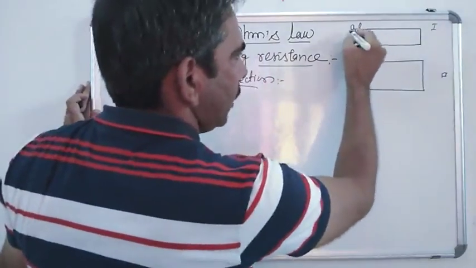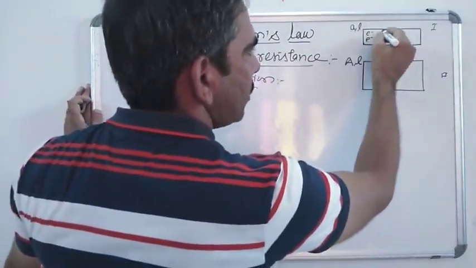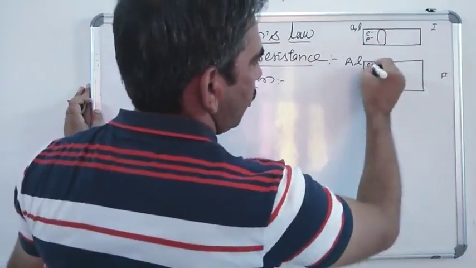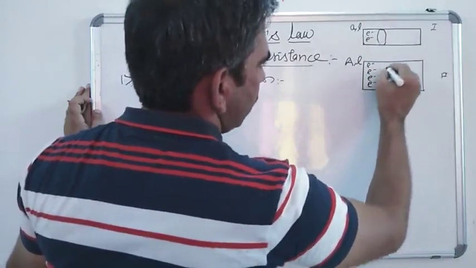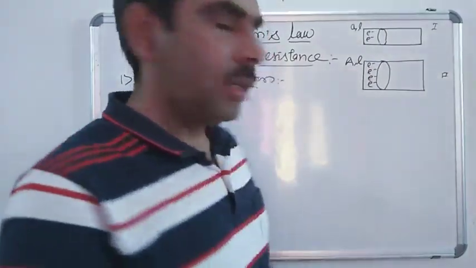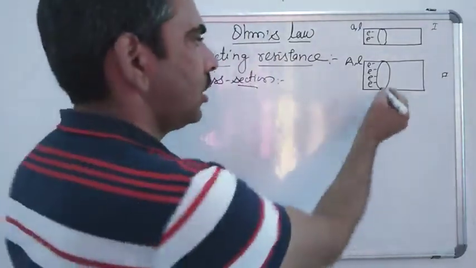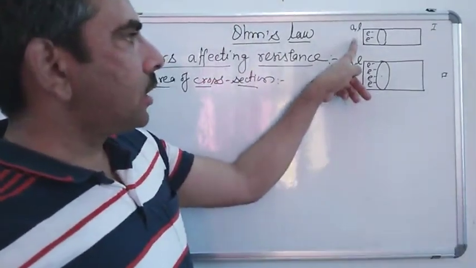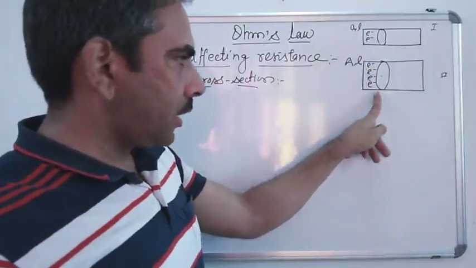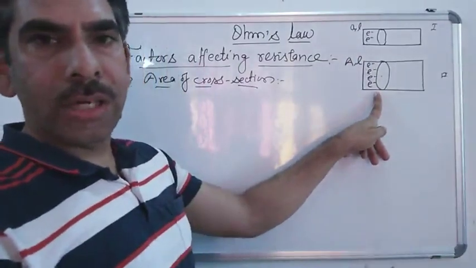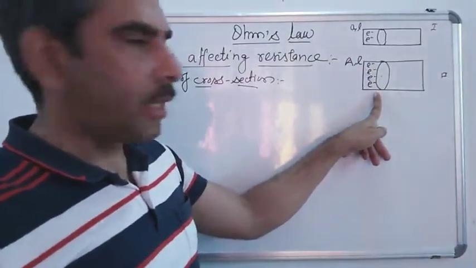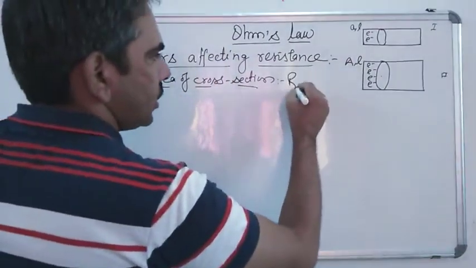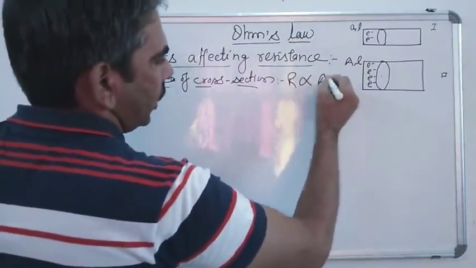So with the less area of cross section, fewer charge carriers can cross through the given cross section, and in this case more electrons can cross the given point across the same area. So here the electrical resistance will be less, and in this case the electrical resistance will be more, and hence once the electrical resistance is less, there will be more current that can flow, because more charge carriers can flow. So this is the effect.